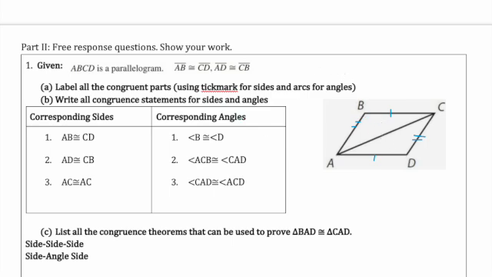Well, this was given. So we have this side is equal to this side. That doesn't help us with this, but it does with side, angle, side. We could do side, angle, side here. Okay, we can do this side congruent to this, and we have an angle, angle, side.